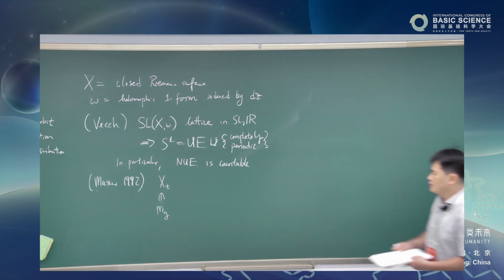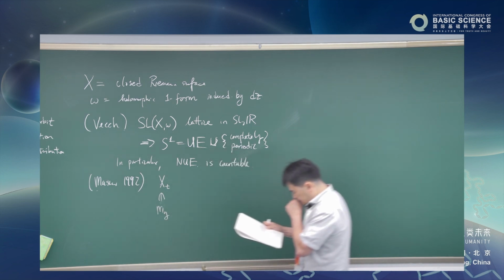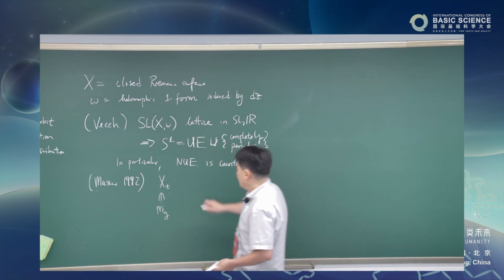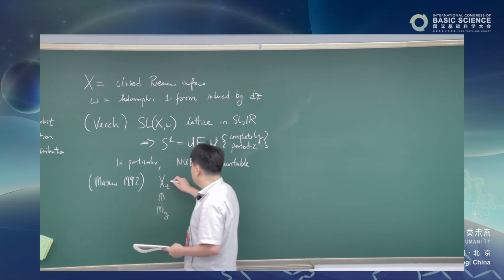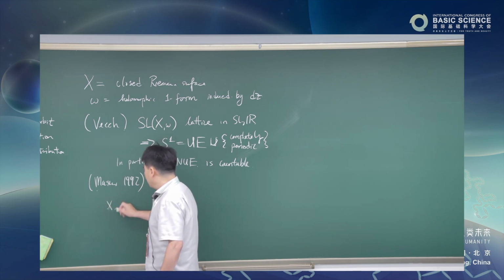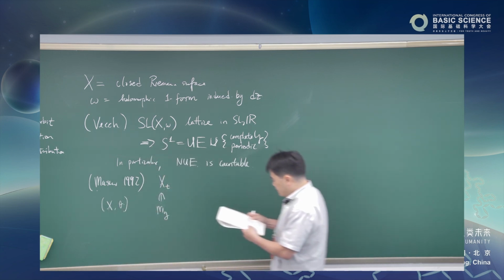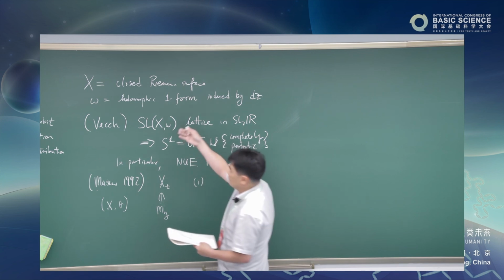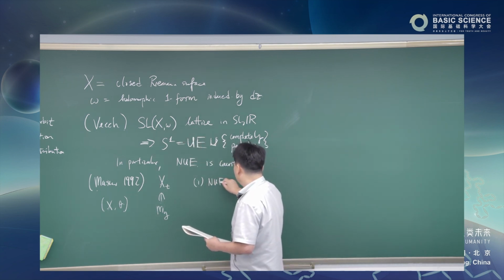So I'm not going to write too much here. But the statement is that this information is determined by, so we have a closed Riemann surface, we have this direction. And the statement is that in this kind of setting, I'm going to be very terse here.